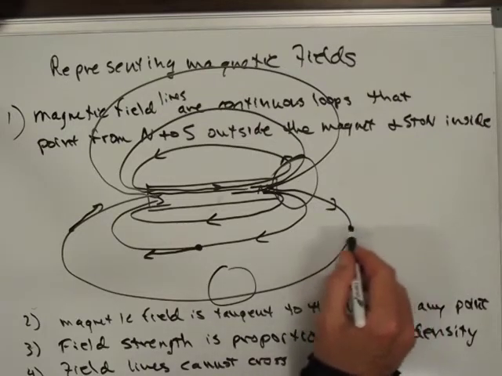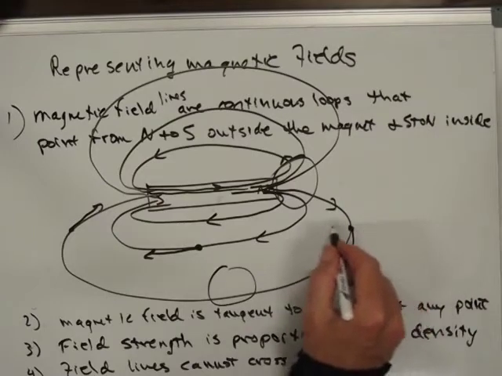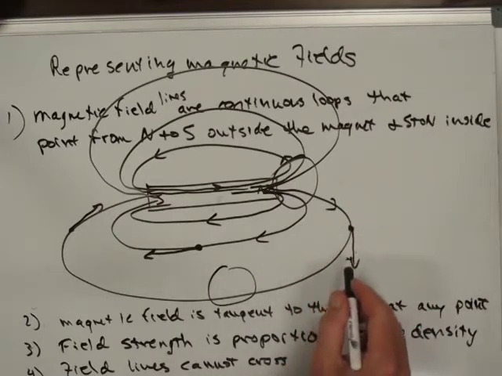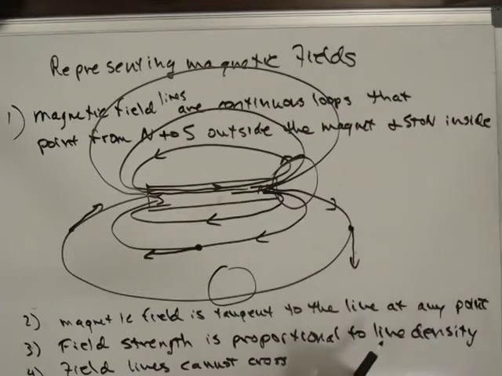If you have lines crossing and you want to calculate a force, you don't know which line to use, and so you could have the same field providing a force to a charged particle in different directions. I think that's about enough for those guys.